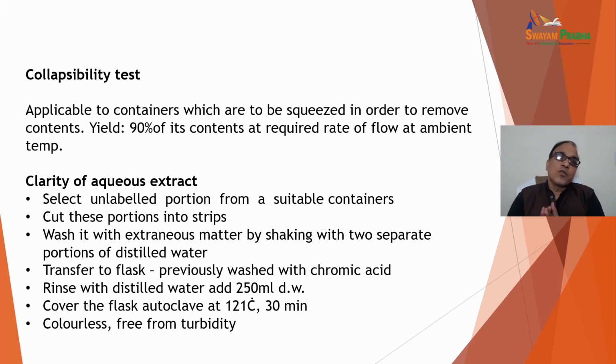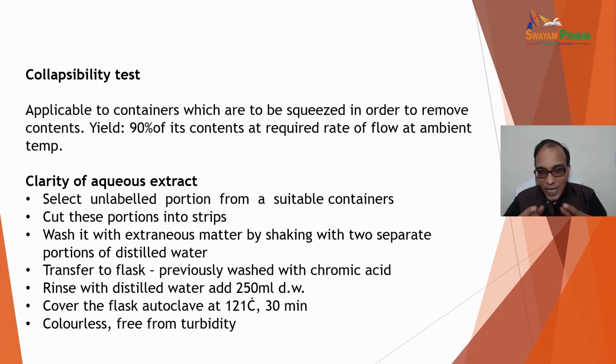While for the clarity of aqueous extract, you select an unlabeled portion, in which the label is not there, from a suitable container, cut this portion into strips, and wash it free of extraneous matter by shaking with two separate portions of distilled water.